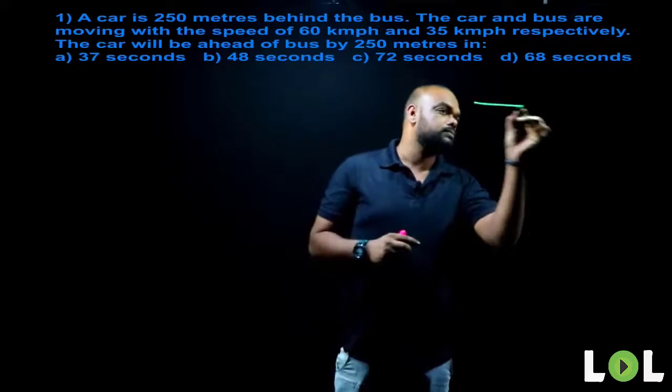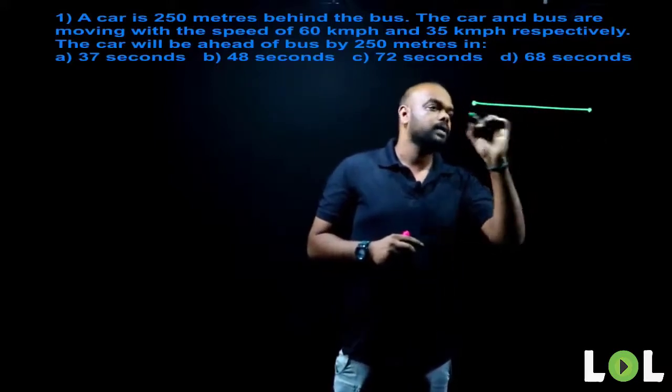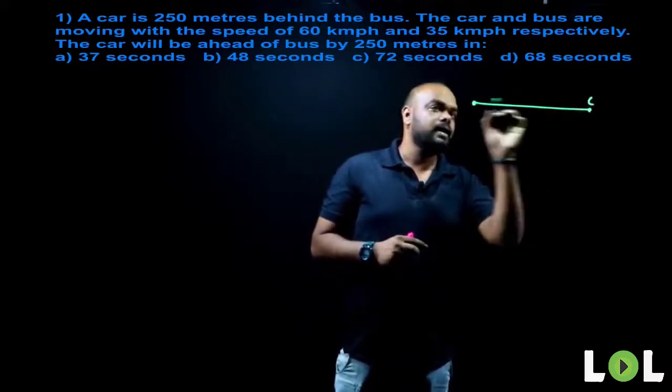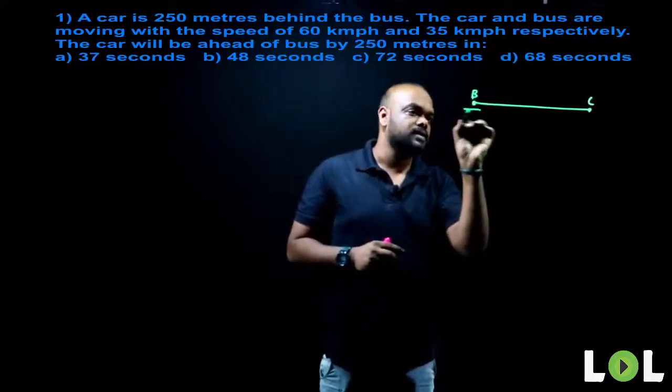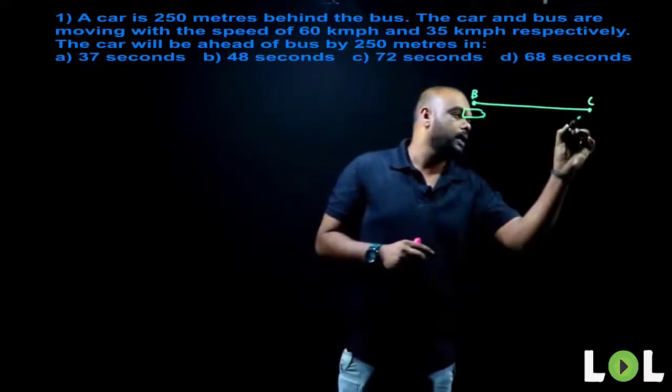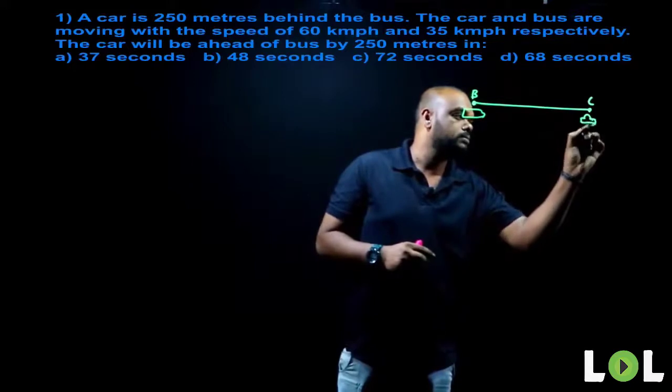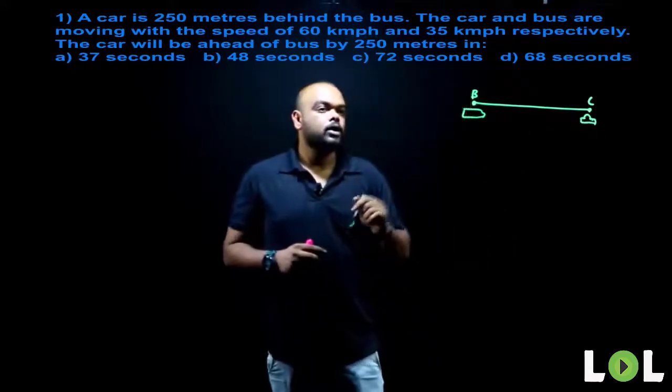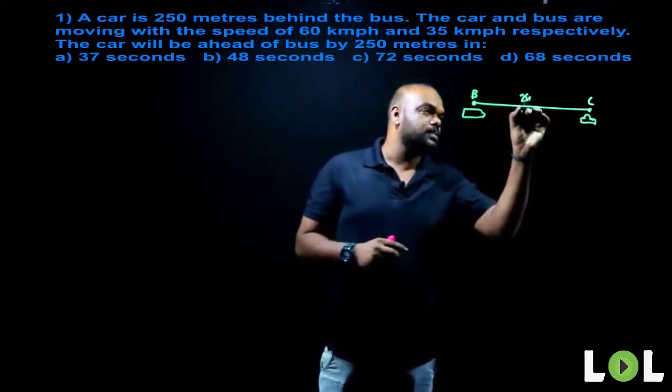Let's say here is the car and here is the bus. What does it say? 250 meters behind means the distance between them.